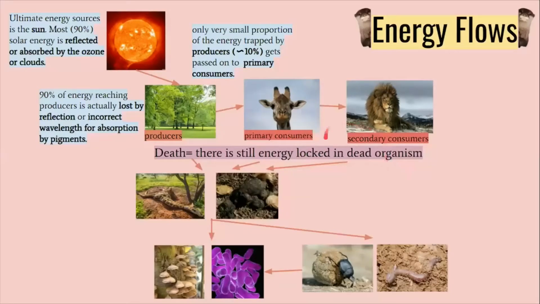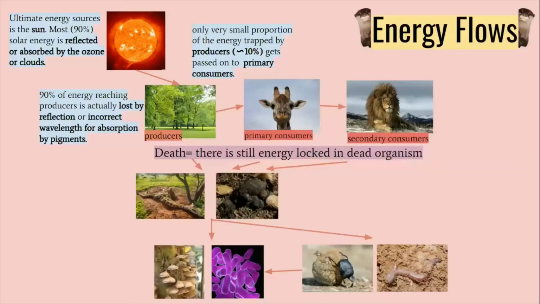Now, when we look at the lion, this is going to be the secondary consumer, and it's going to consume the herbivores. So they mainly eat meat tissue, which is largely protein based. Now we know not all the energy in the biomass of the giraffe is going to be transferred into the lion, because a lot of the energy consumed by the giraffe, for example, will be egested, and we know the lion is not going to eat that.